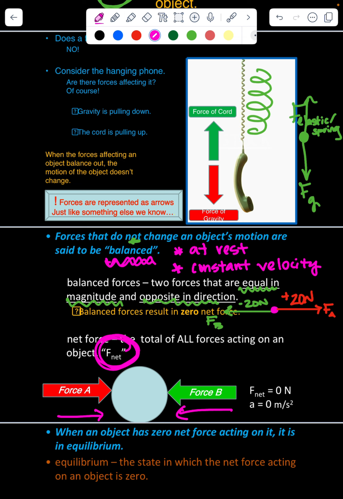Whenever they cancel out, that means that we have a net force of 0 newtons. And whenever we have a net force of 0 newtons, that tells us that we are balanced. We know that we are either at rest or going at a constant velocity, so we also know that we have no acceleration.